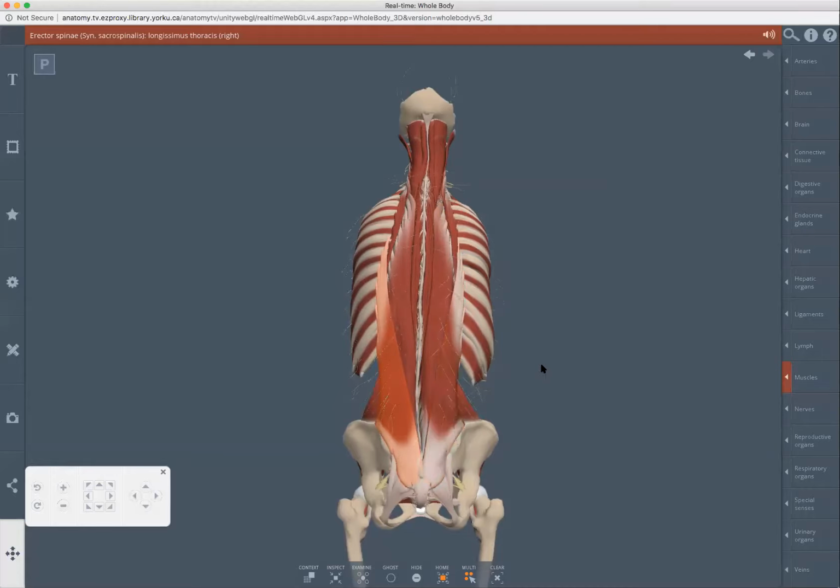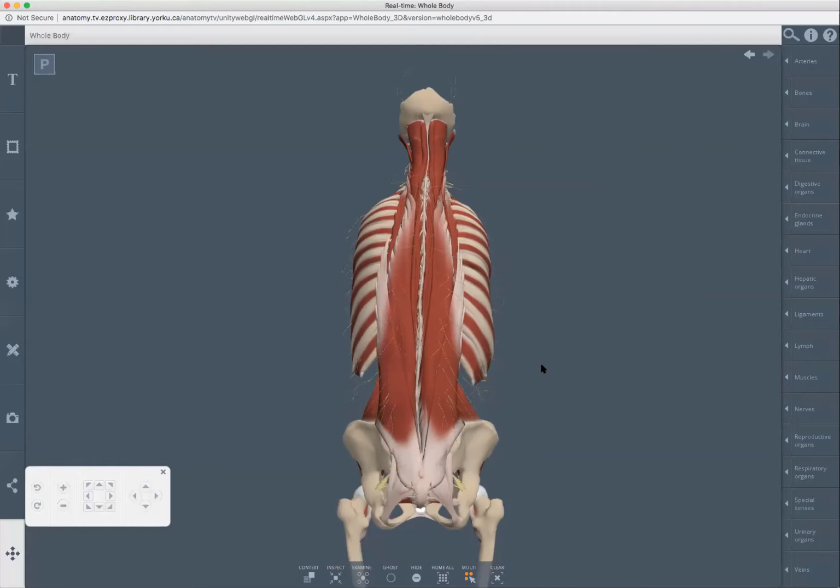We are not concerned about this in this course. Those additional terms just tell you which area of the muscle you're at. For our purposes, just spinalis, longissimus, and iliocostalis are all that you need.